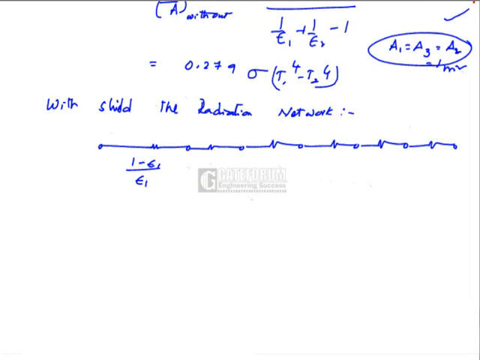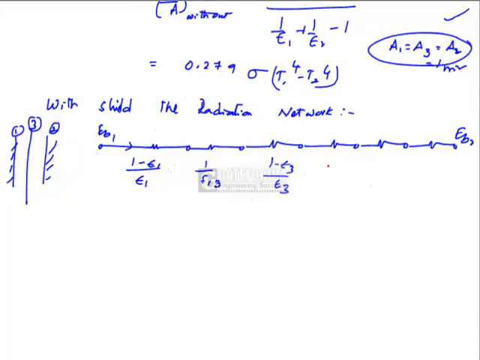All areas are equal to 1 meter square, so I'm not writing the areas in the circuit. Then 1 by F13. This is surface, this is shield, this is surface. 3 is shield, surfaces are 1 and 2. EB1, EB2. Then 1 minus epsilon 3 by epsilon 3, 1 minus epsilon 3 by epsilon 3, 1 by A3 F32, and 1 minus epsilon 2 by epsilon 2.